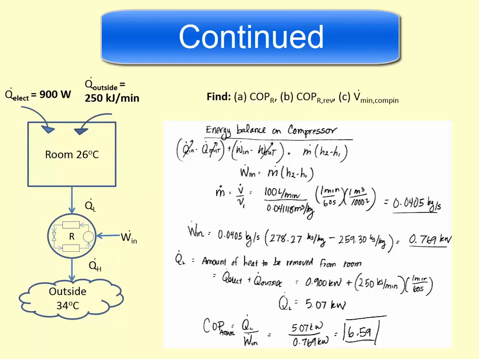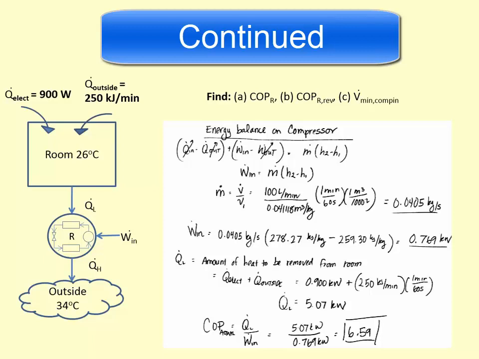So now we can calculate our coefficient of performance because we have our power input, which is 0.769 kilowatts, and our Q dot L, which is 5.07 kilowatts. So our coefficient of performance actual for this refrigerator is equal to, what is our desired outcome? Our desired outcome for a refrigerator is Q L, right?